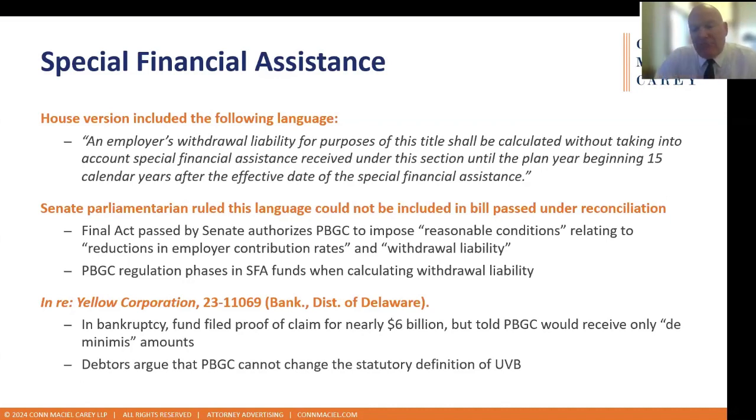And that's an interesting argument. I think it's a straightforward argument, and it's pretty clear that regulations can't override the statute actually passed by Congress. And for $6 billion, that's going to be a pretty hefty fight, and it'll be interesting to see how that plays out. But it's something that you should keep your eye on if you feel like you may have some withdrawal liability at some point in the future.